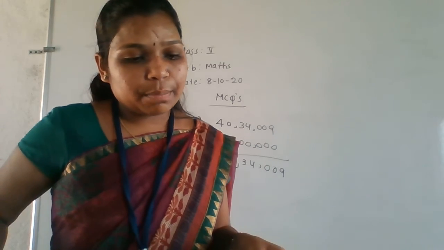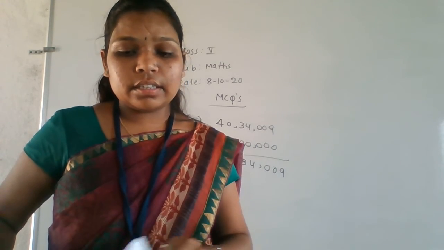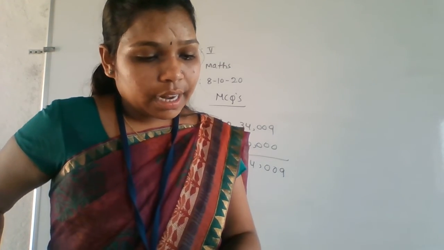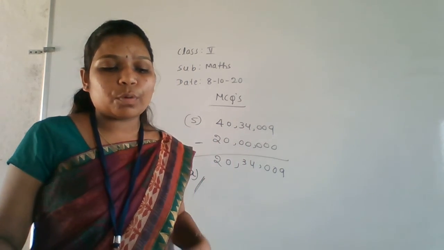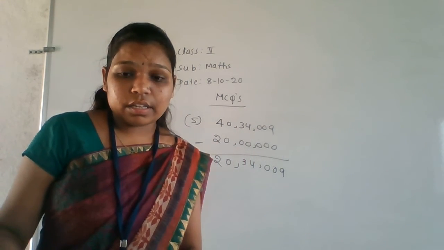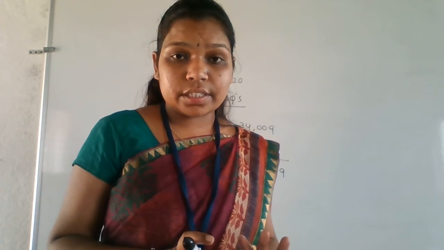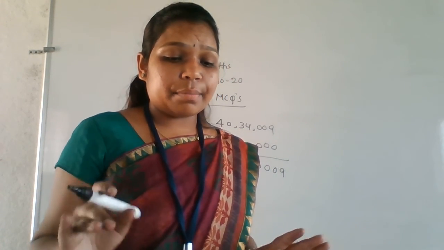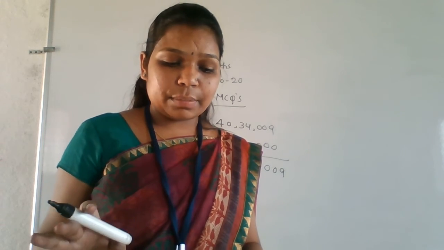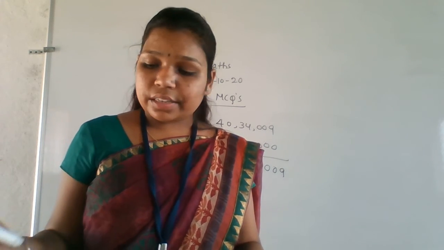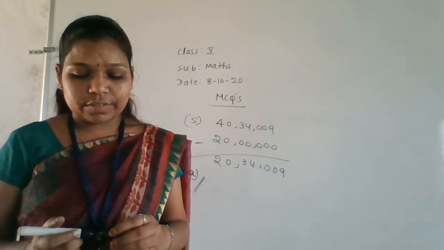Okay. So we completed the MCQs also, and the work it out problems, do it yourself. First, solve the following. Only addition is there. Do the additions and multiplication. Find the quotient and remainder. Do it yourself.